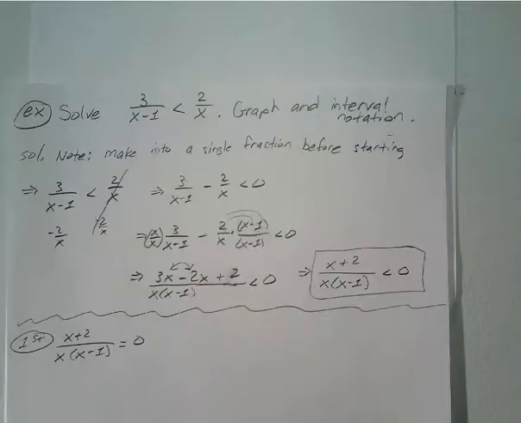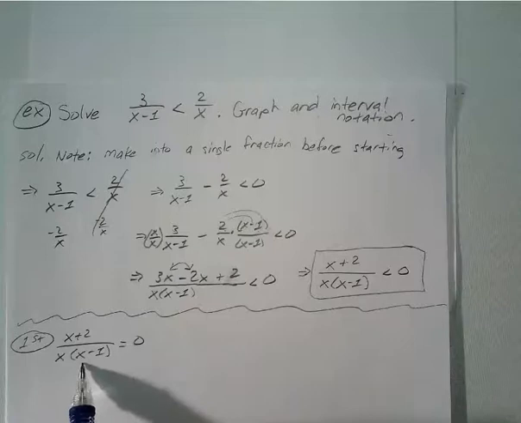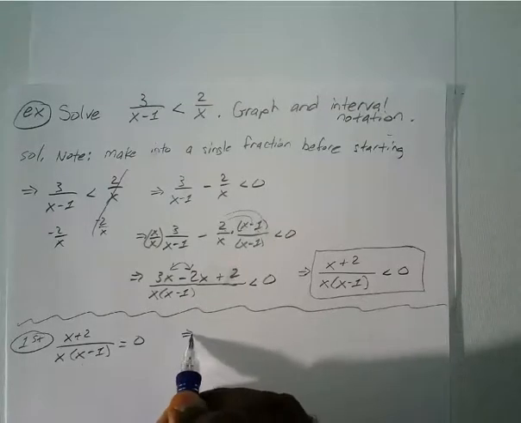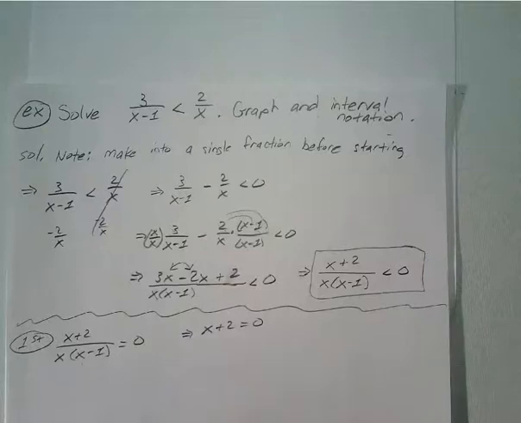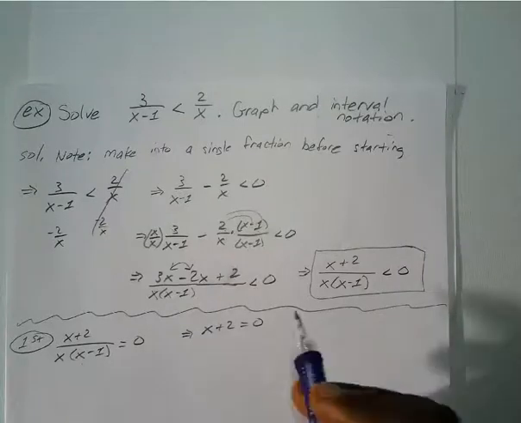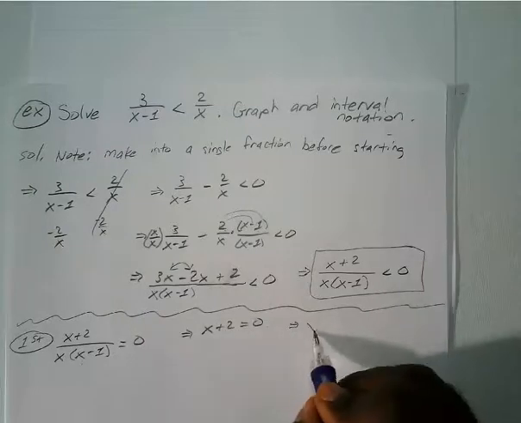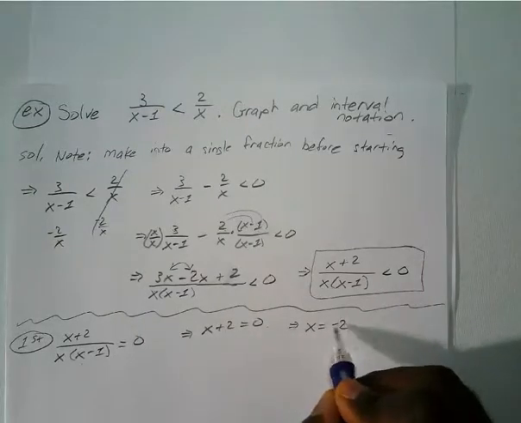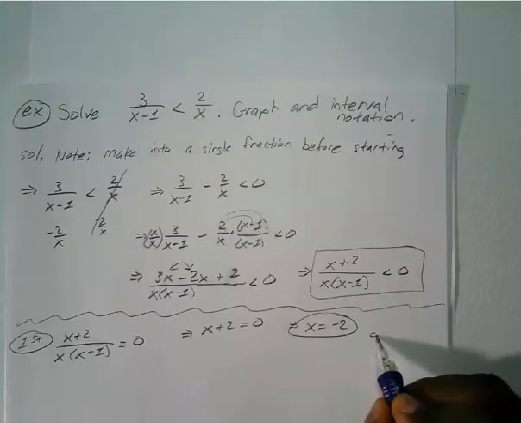So remember, 0 divided by anything is 0. So that just means that x plus 2 can equal 0. Or in this case, if you subtract 2 from both sides, x can equal negative 2. Okay, so that's our critical number.